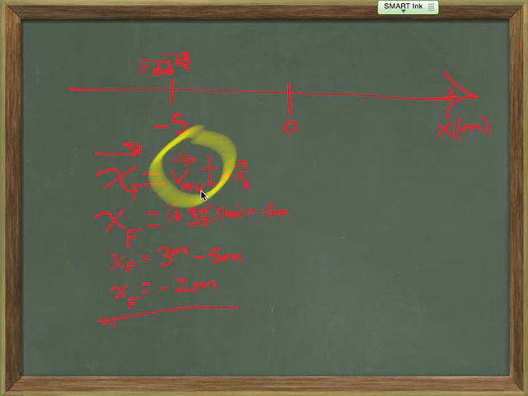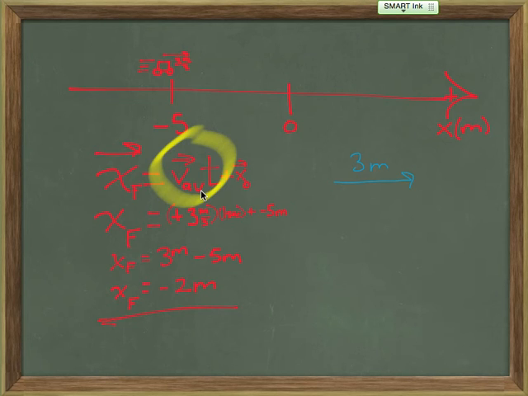So v is 3, t is 1, so I get 3 meters as my displacement vector to the right, yeah? Actually, that's too long. I'll make it a little shorter. So I got a 3 meter vector to the right. That's 3 meters by scaling my velocity vector with time.